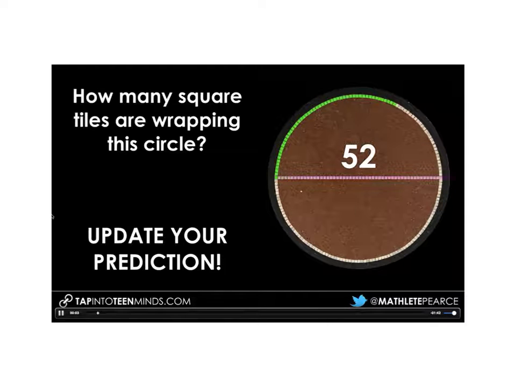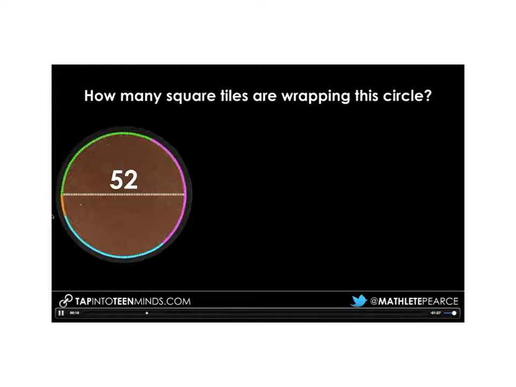So we can see that it goes around once, twice, 3 times, and then there's a little bit left over. So the diameter will wrap around that circle 3 times, 3 full times, and a little bit more.